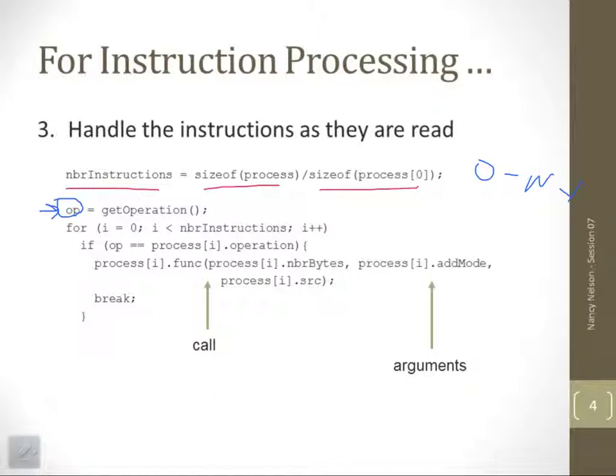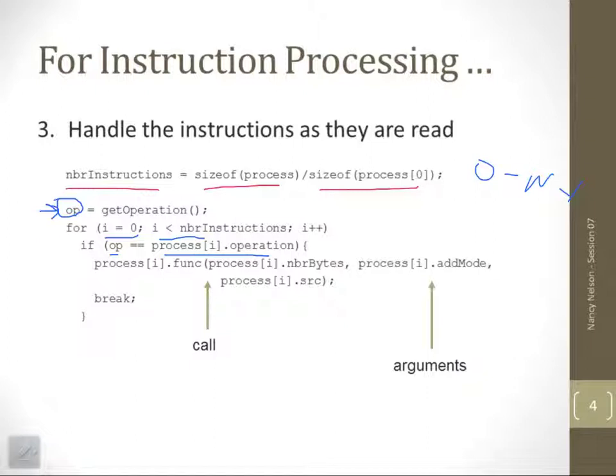So it needs to be somewhere between 0 and 1 less the number of instructions. So what we're going to do here is we're going to loop from 0 to 1 less than the number of instructions, and we're going to say if our operation is equal to the byte that we specified.